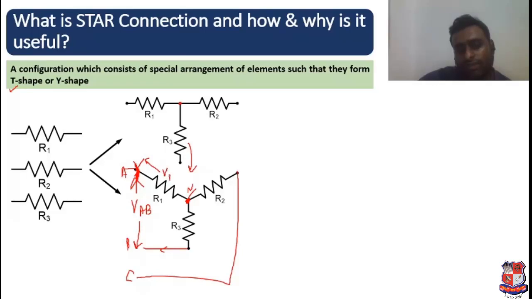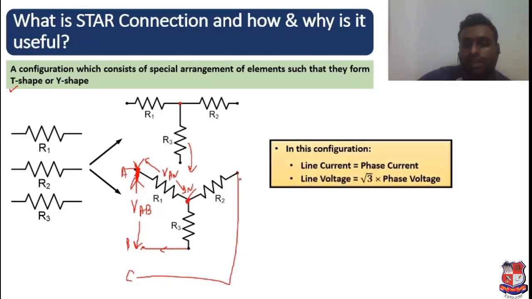Can I say that VAB will be equal to VAN? The answer is no. Line voltage cannot be equal to phase voltage because they are not measured at the same point. We are measuring with respect to A and B, and over here A with respect to N. So of course the voltage will be different.